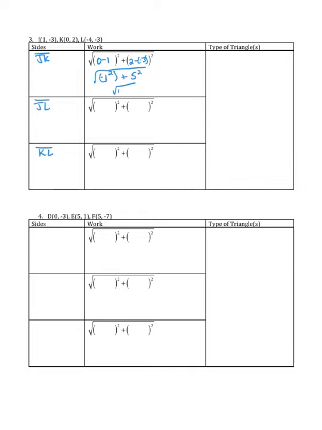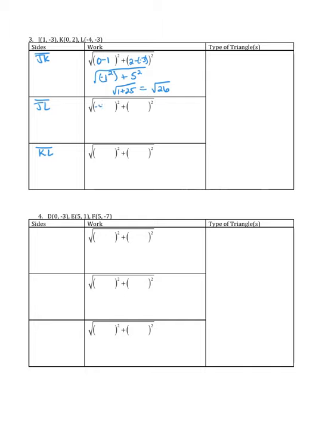So the square root of 1 plus 25 is the square root of 26. Remember, if you're putting negative numbers into your calculator to find the square, you may want to put them in parentheses first because the square is always positive.